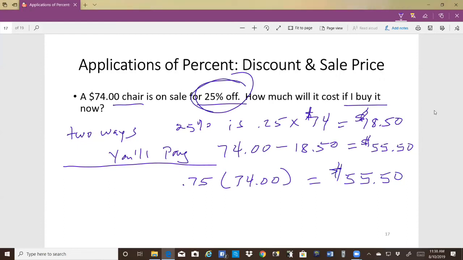So if you have 25% off, subtract that from 100 and know that you'll pay 75% of the list price. And that's generally the way most people do that. Of course, you can always take the savings and subtract it from the list price.